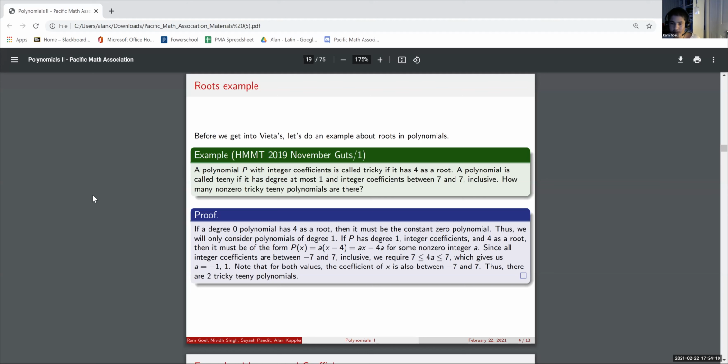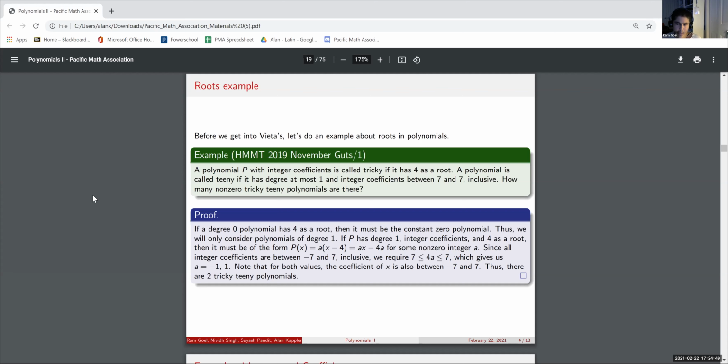If you think of polynomials as functions, then a polynomial of degree zero is just a function that outputs the same number no matter what you plug in. Now the question is, when can this be 0? If it ever outputs 0, if it ever has a root, that means the entire function must be 0, because no matter what we plug in, you have 0. So a degree 0 polynomial only has a root if the constant function is always 0. That clarifies what we mean when we say the root of a degree 0 polynomial.